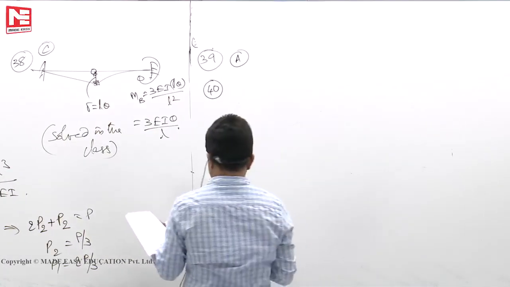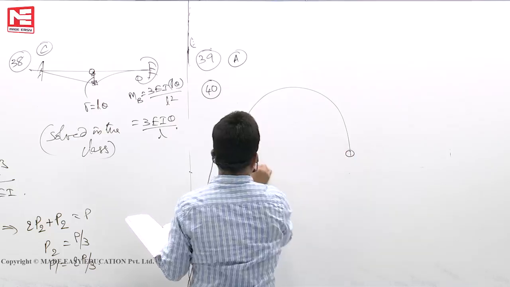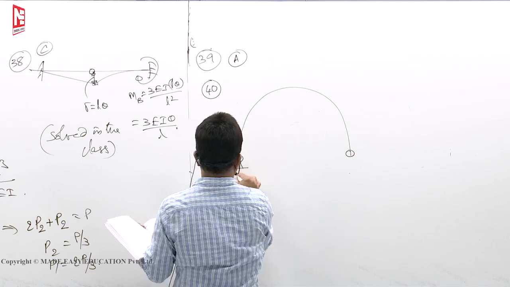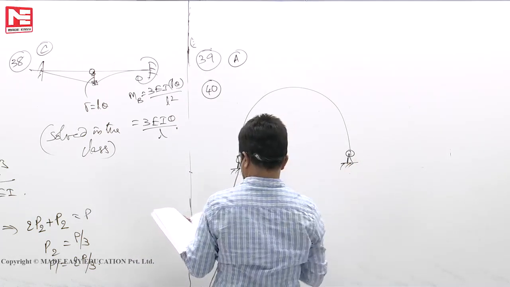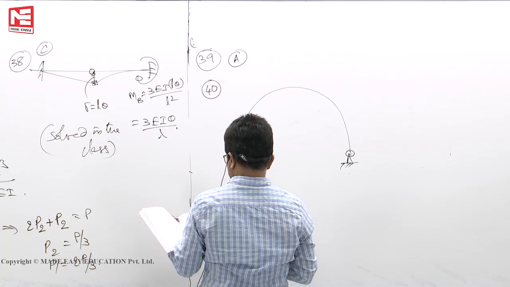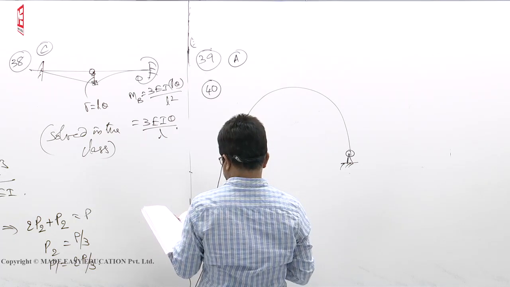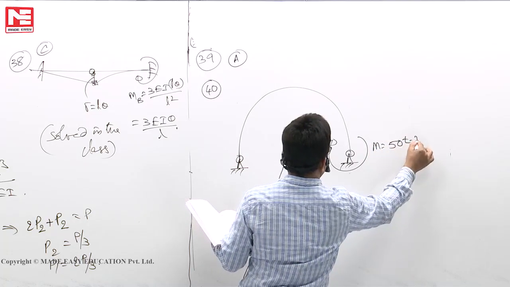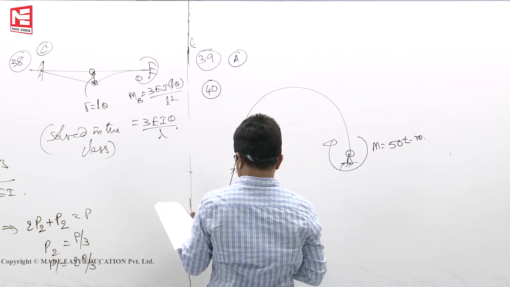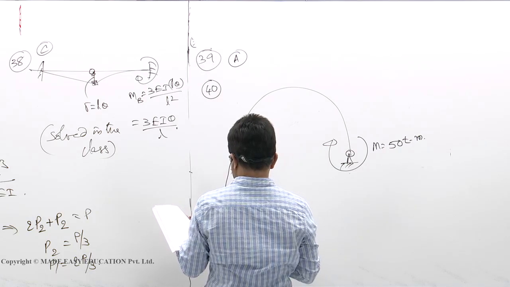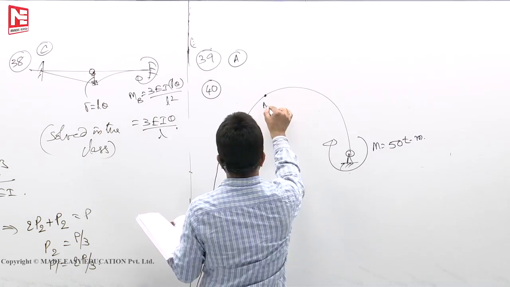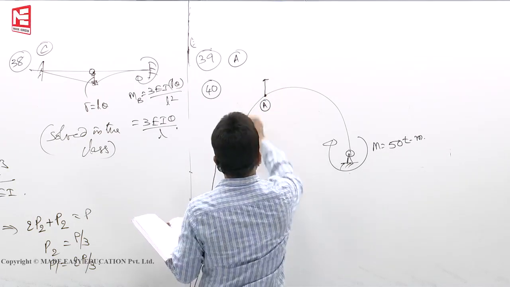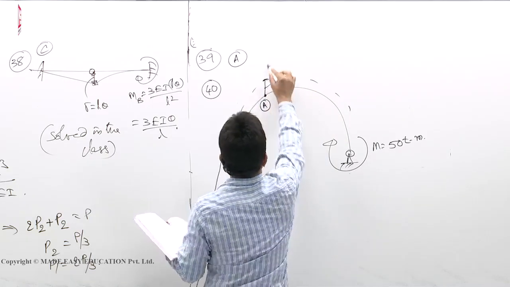Next, 40. We have a semicircular two-hinged arch shown in figure below. A moment of 50 ton meter is applied at B. It produces a displacement of 0.5 centimeters at A. That means the structure has gone something like this.